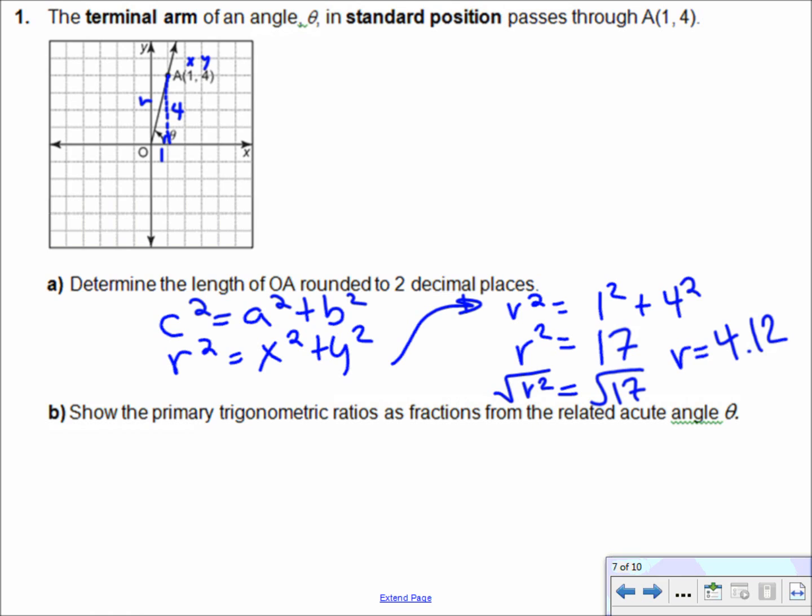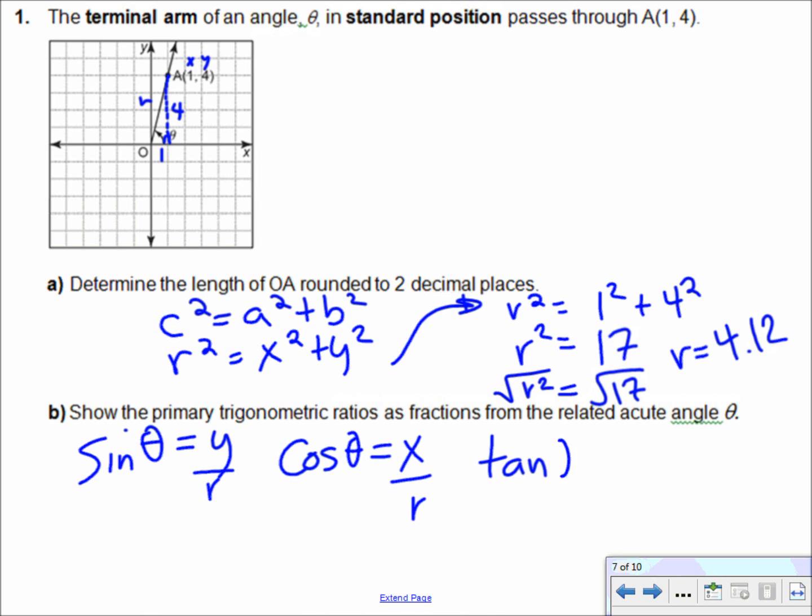Okay, now what it's saying is we have x, we have y, we have r. They just want us to set up our trig ratios. We know them, they're over there. Because we just learned them, our trig ratios using a Cartesian plane are: sine theta is y over r, cos theta equals x over r, and tan theta is equal to y over x.